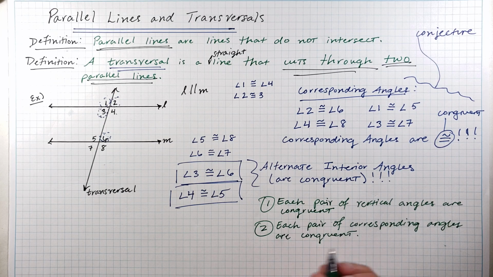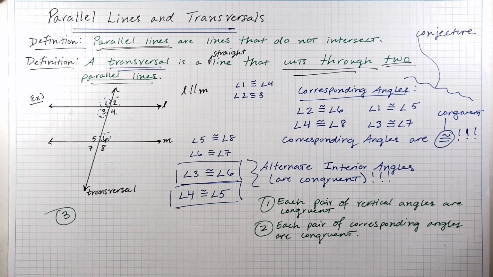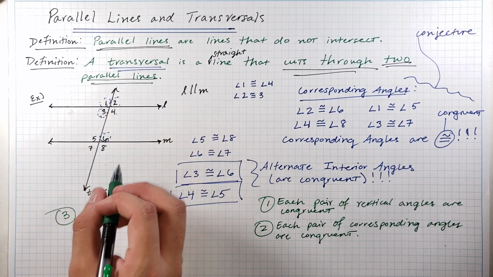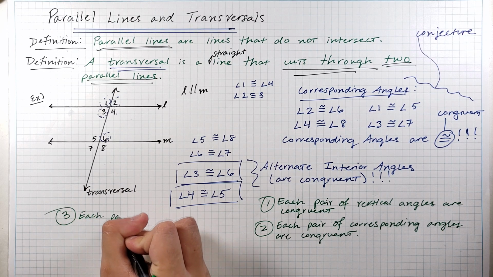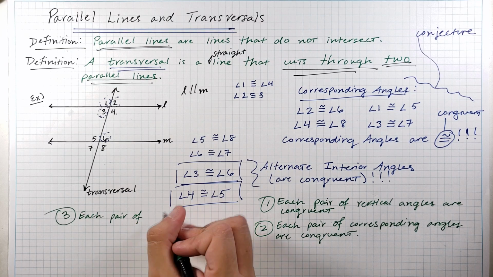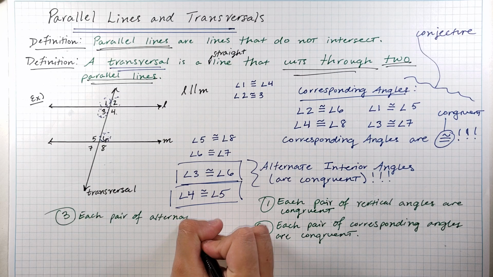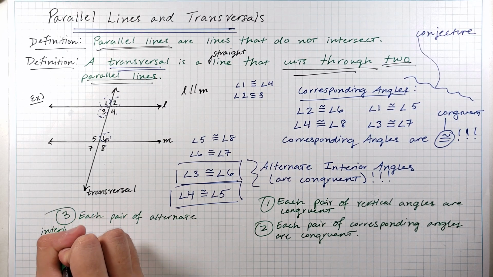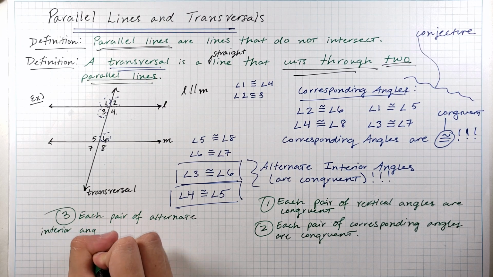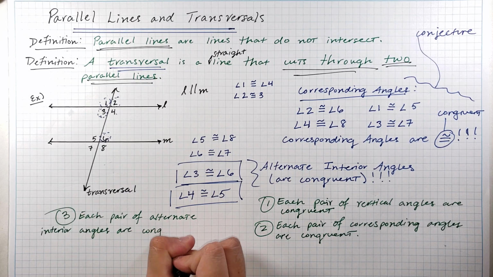All right, and then the last generalization I want to make, I'm going to put it over here. The last generalization I want to make is that each pair of alternate interior angles are congruent.